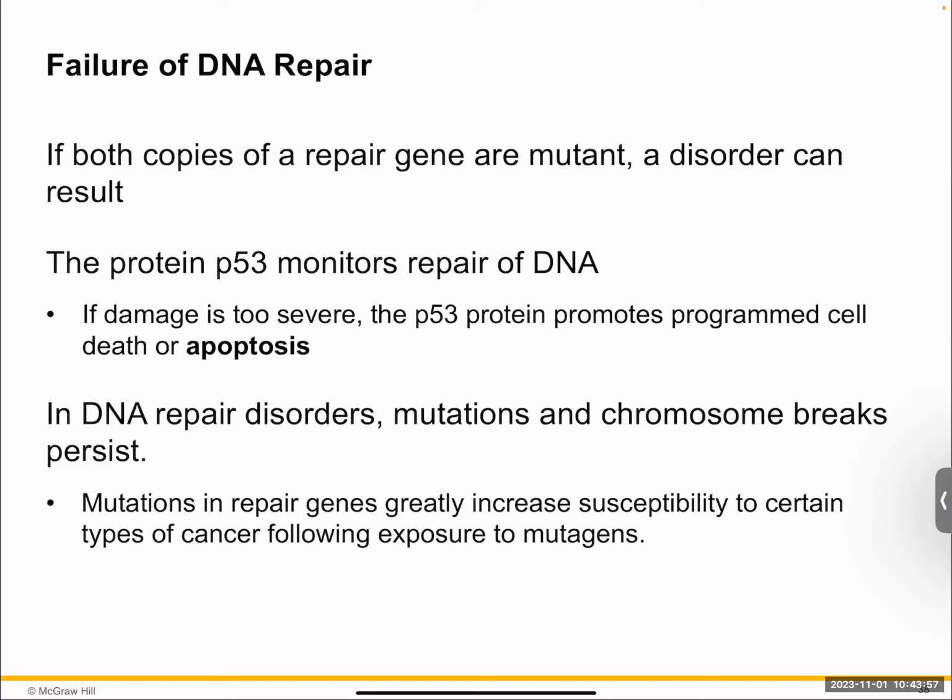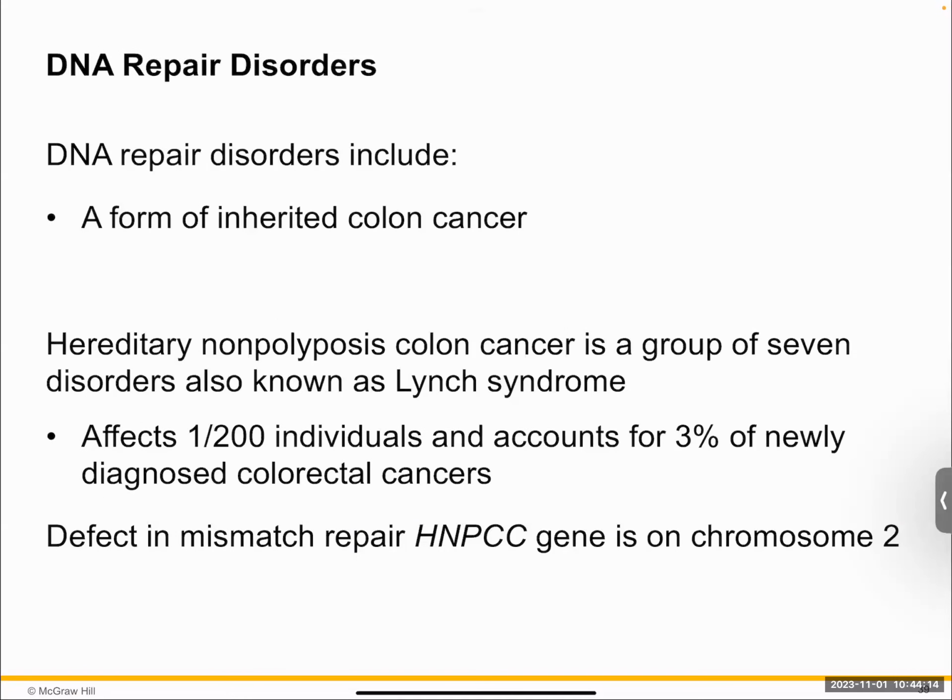So a mutagen comes in, the cell gets affected, there are mutations, but because there is already a mutation in the repair genes, the problem created by the UV rays cannot be fixed. So the mutation remains.